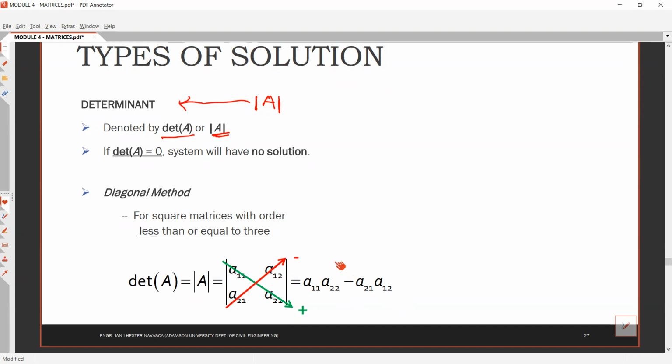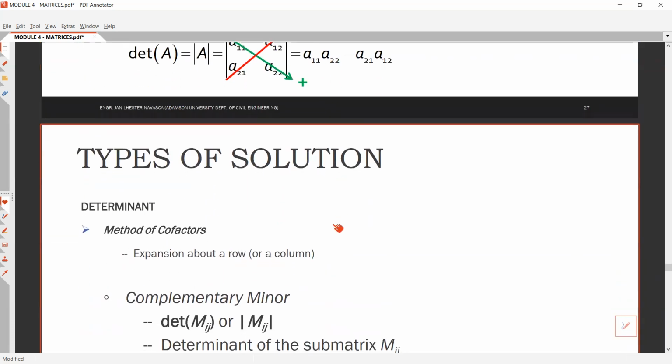Okay? That is yung pagkuha ng determinant matrix. For matrices less than or equal to 3. Okay? So, ibig sabihin lang yan, kapag medyo 4x4 na siya, hindi na pwede yung diagonal method. So, ang diagonal method lang is gumagana for order 3 pababa. Okay? So, for 2x2 and 3x3 matrix lang.